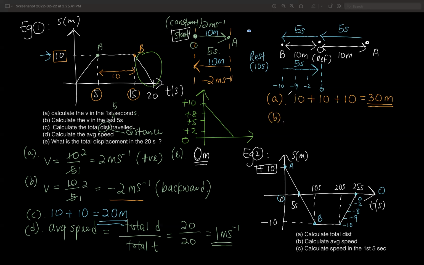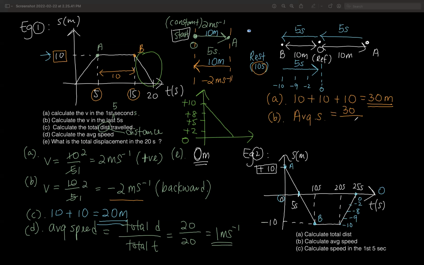Calculate the average speed. Okay. 30 over total time. Total time, do you need to add the 10-second rest? Yes, you need to add the 10-second rest because the 10 seconds is also a part of the journey.